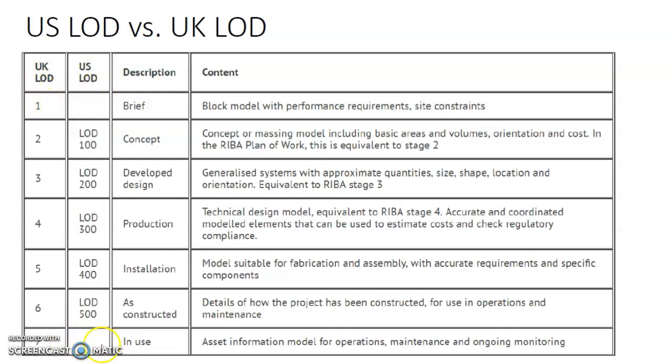And there's no comparison for the US system with the UK system of level 7 for the building that is under operation. But for the rest of the stages, UK level 2 is quite similar to LOD 100 in the US, where it is the amount of information you pack into a 3D model during the conceptual stage. So concept or the massing model, including basic areas, volume, orientation, and cost.